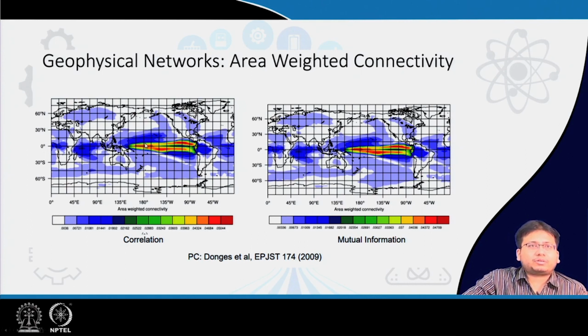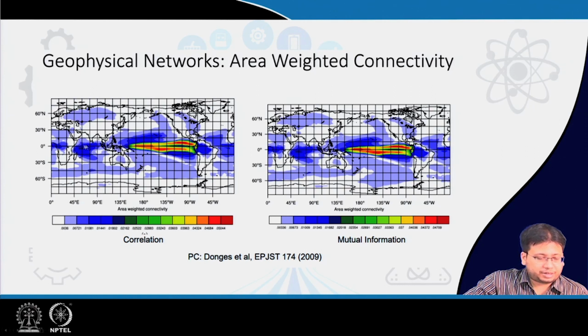So here what these colors indicate is the area weighted connectivity. These long red stripes that you are seeing indicate, in a sense, some kind of clusters or homogeneous regions which influence things or events in different parts of the world. That is, these are regions which are connected to so many other places in the whole climate network.